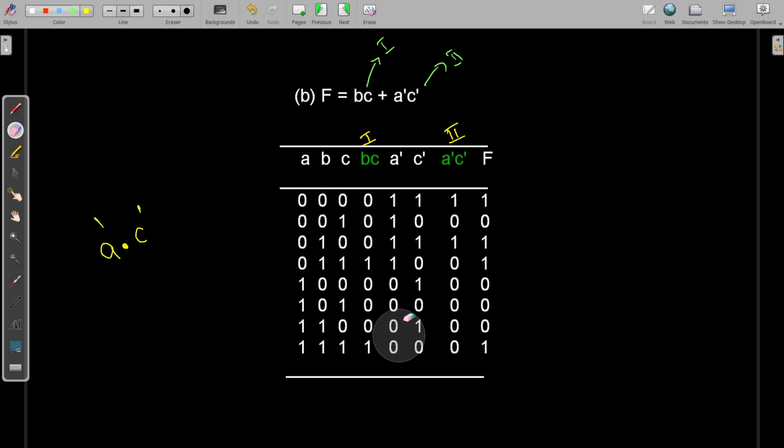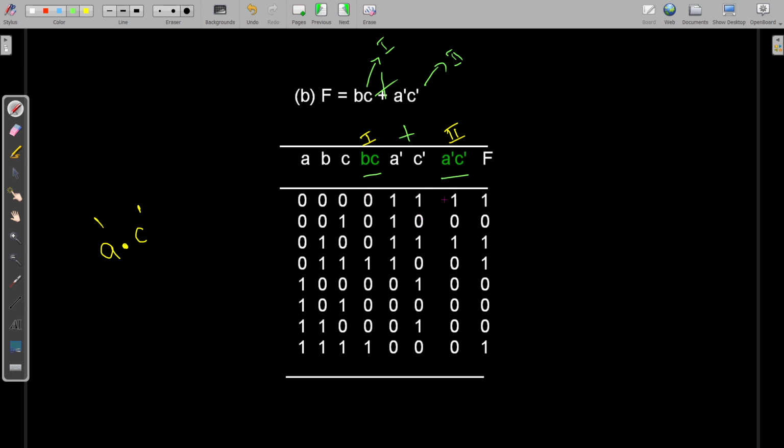Now the last step is getting the function. So how do you get F? It is ORing of these two terms. We are performing the OR operation between this BC and this A dash C dash.